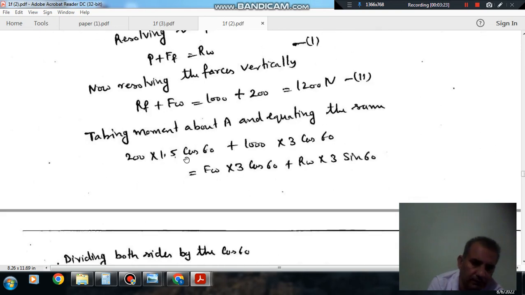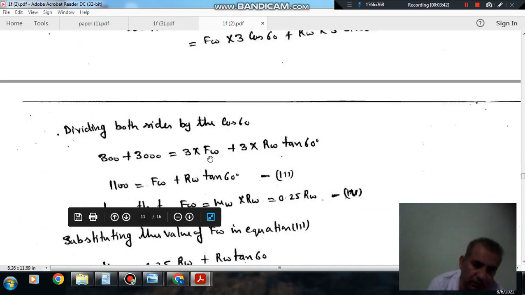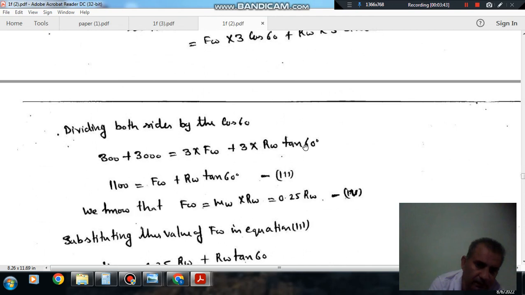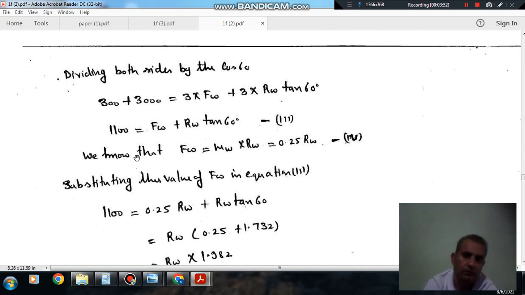So equating these moments we have 200 into 1.5 cos 60 plus 1000 into 3 cos 60 is equal to FW into 3 cos 60 plus RW into 3 sin 60. Now dividing by cos 60 we have 100 plus 1000 is equal to FW times 3 plus 3 RW tan 60, and dividing by 3 we get the equation 1100 is equal to FW plus RW tan 60.